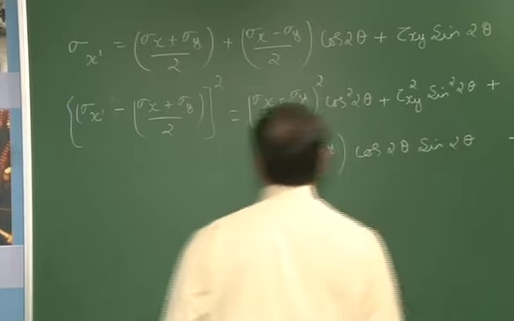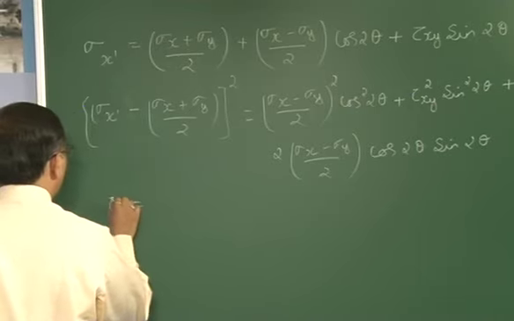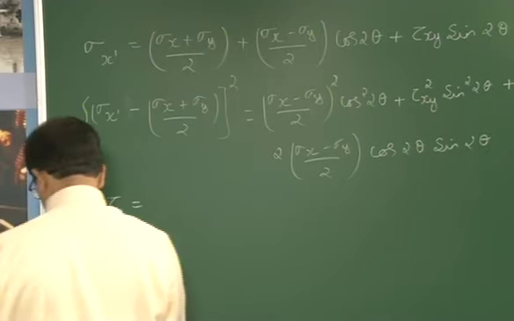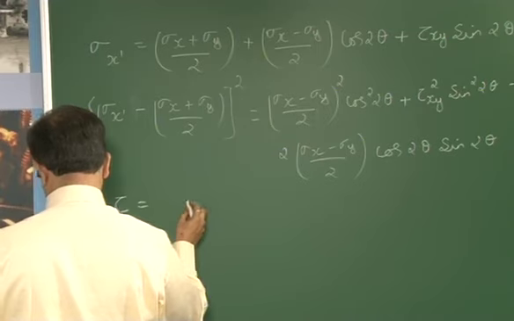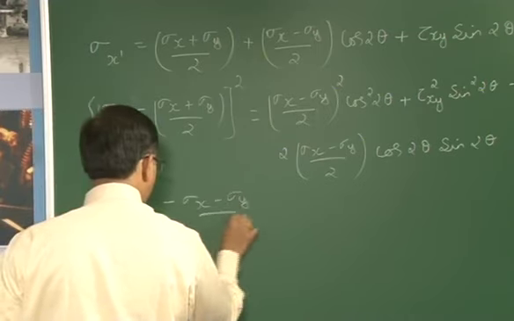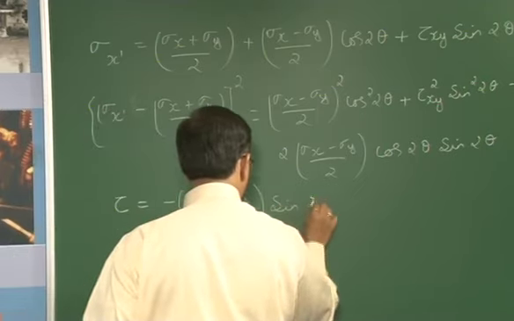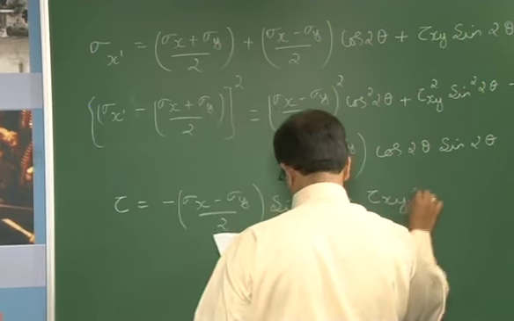Now, remember this equation. We also had the equation for tau, which is given by tau is equal to minus sigma x minus sigma y by 2 into sin 2 theta plus tau xy cos 2 theta.